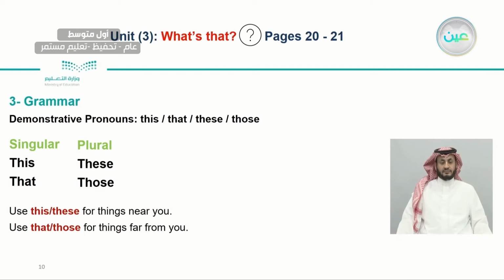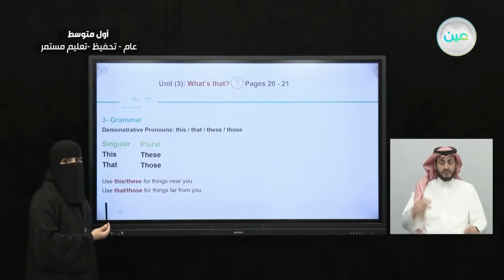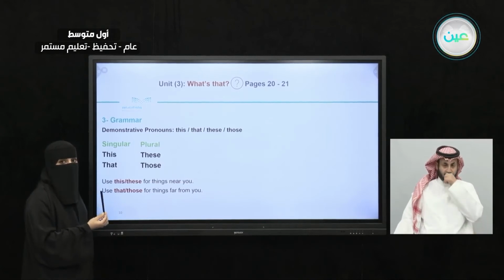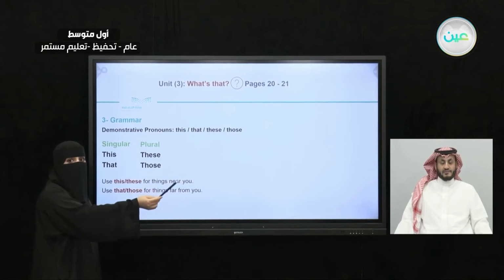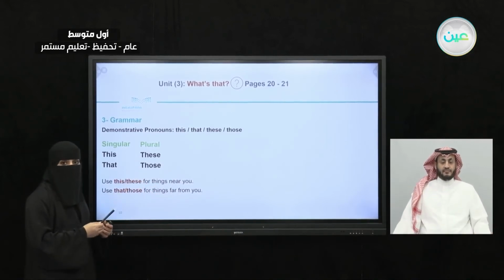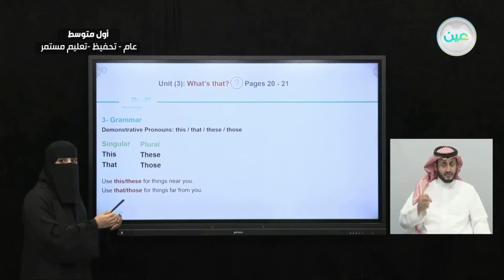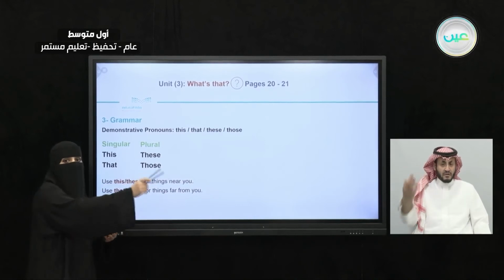How about if it's far away? That pen. This for a singular item that's close by, and that for a singular item that's far away. How about plural? These for plural when they are close by, and those when they are far away.